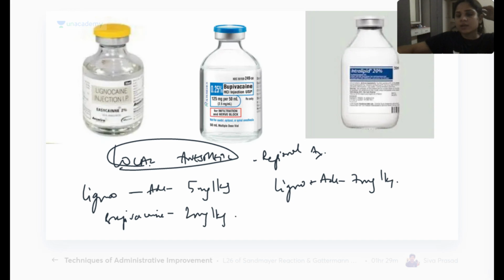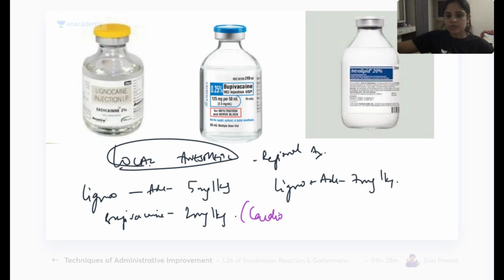Now, can you tell me what is the problem with bupivacaine? It can affect which organ the maximum? Yes, it can affect the heart the most. So they will ask which of these is the most cardiotoxic local anesthetic. The most cardiotoxic local anesthetic is bupivacaine. Clear? And this drug, 20% intralipid.